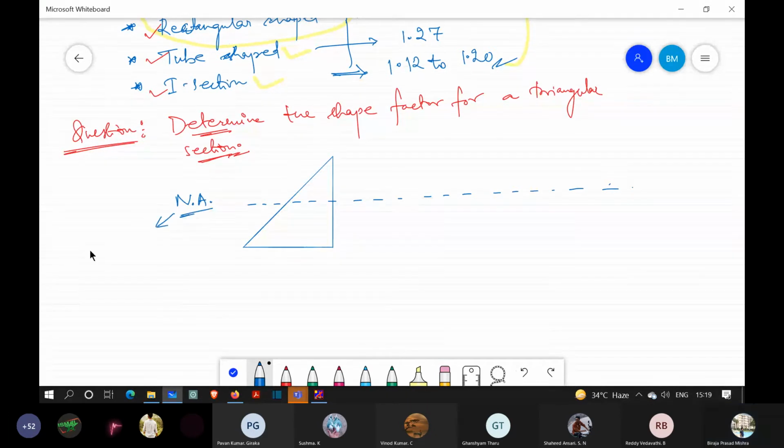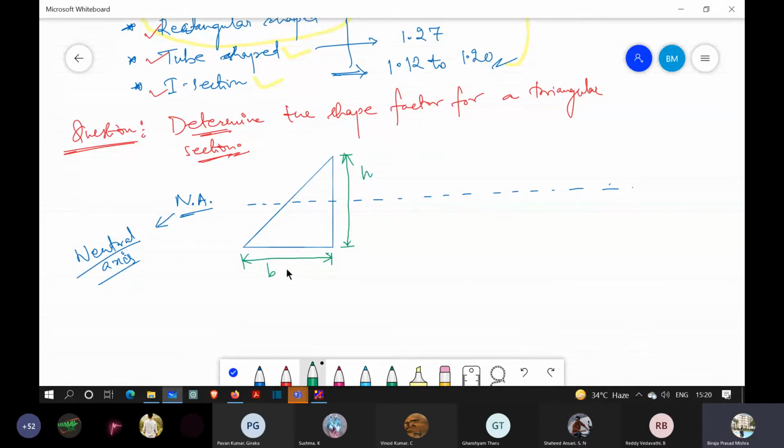This one is the neutral axis. And this one, the height, is given as H. This is given as B. Now this distance is B1 and this distance is H1.